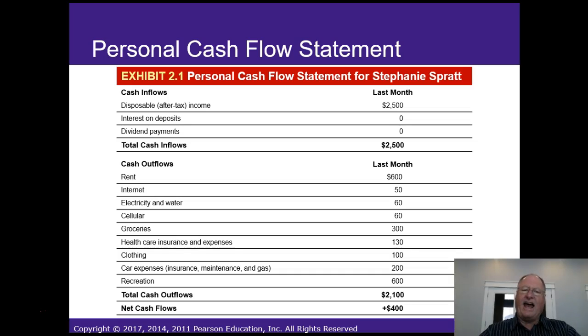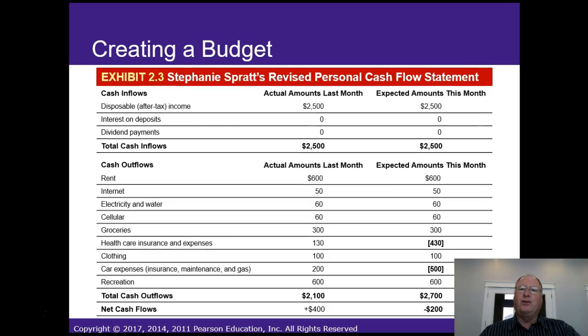So let's take that concept and really create a personal budget. You see here that Stephanie has taken her cash inflows. The first column represents what she has identified as her actual, and she has now created a budget for the future, what her expected amounts are.